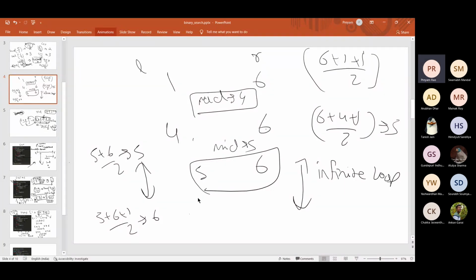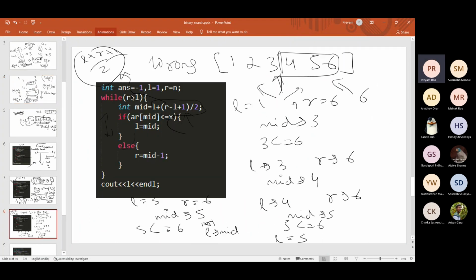So now L would be 6, R would be 6, and this would fail the condition R greater than L, and you would exit. So we would exit out of this loop, and we would avoid the infinite loop. So this is very important.